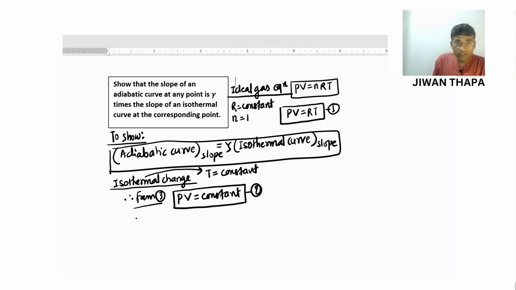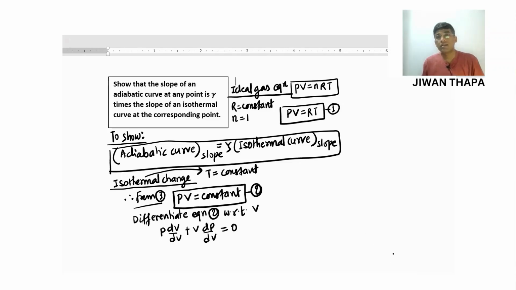Now we need to differentiate equation 2. So we have two variables, pressure and volume. So let us differentiate with respect to volume, both sides. So what we get? P dV by dV plus V dP by dV equals 0, okay?